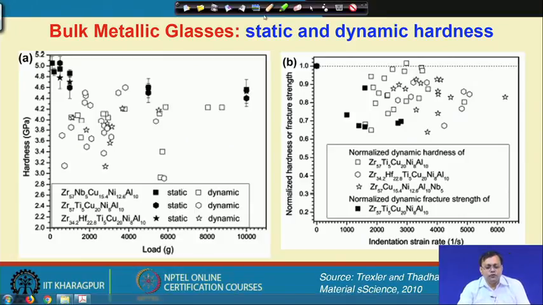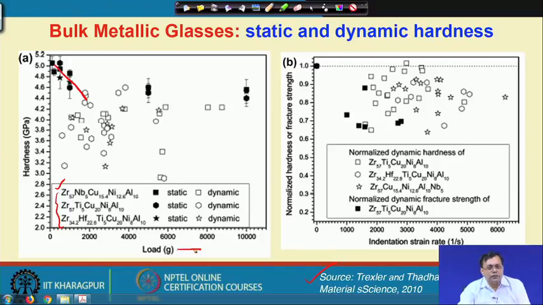Now, we can also do some indentation studies to look at the static and dynamic behavior of these glassy alloys, and there are some interesting articles on that. As an example, in these zirconium based glasses, the hardness actually decreases with the increase of the load value.